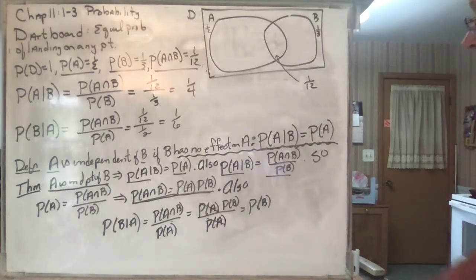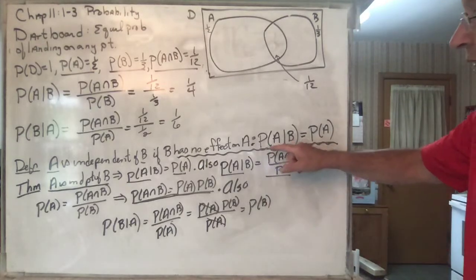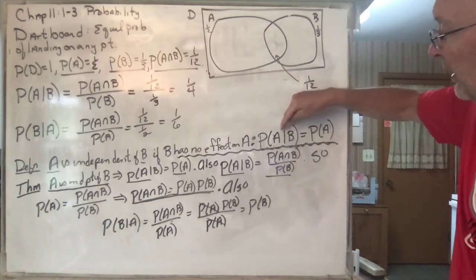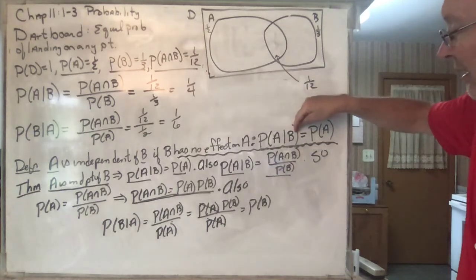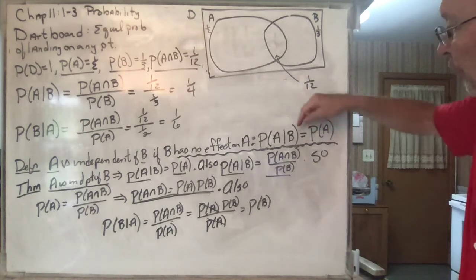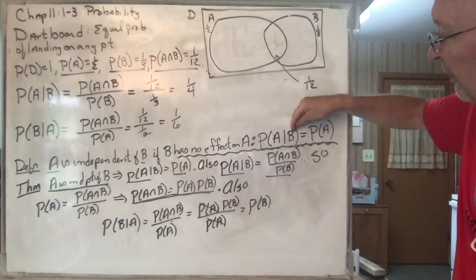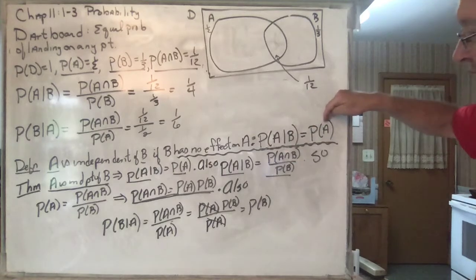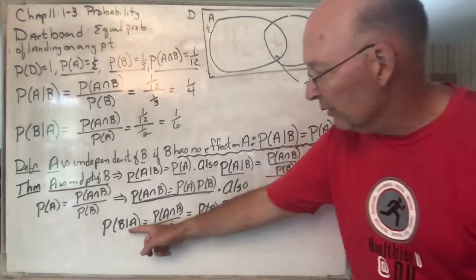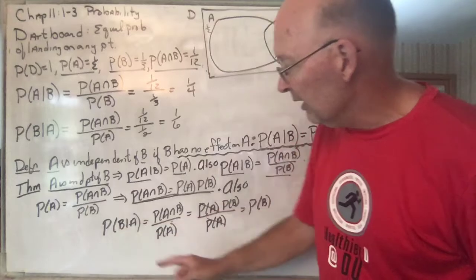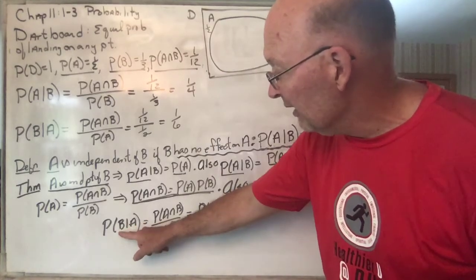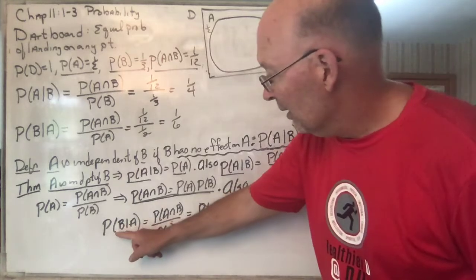So look at here. If A is independent of B, that means that knowing B tells me nothing about A. And here's what we've just proved. We've proved that if knowing B tells me nothing about A, that this probability is the same as this, then what's also true about the effect of A on B? Knowing something about A tells me nothing about B. See that?